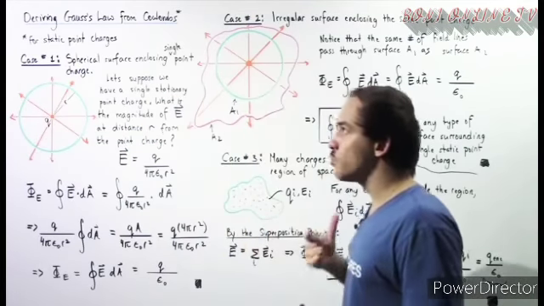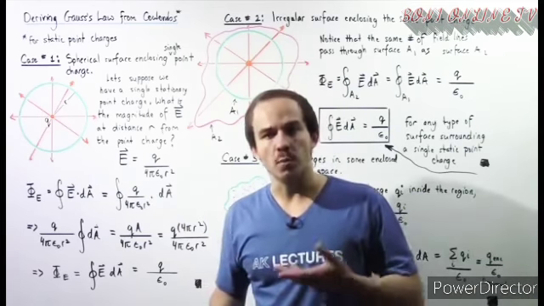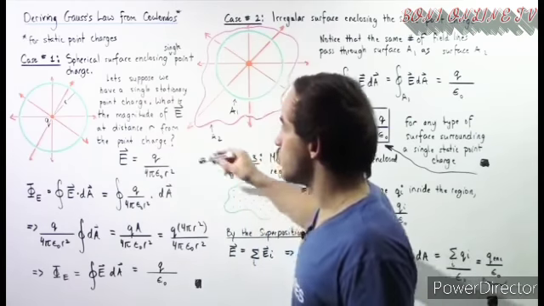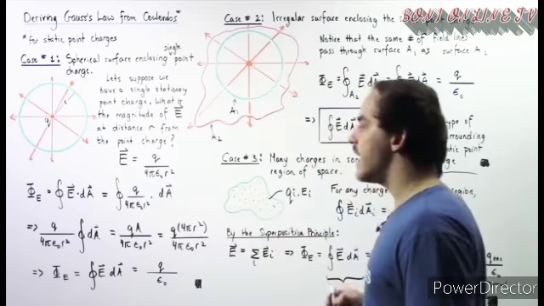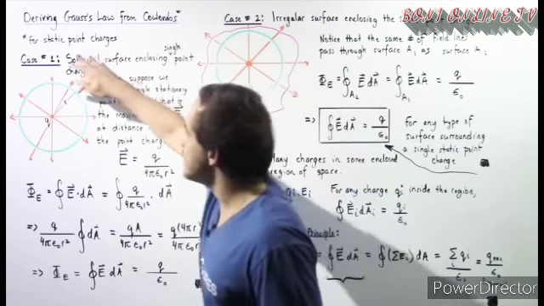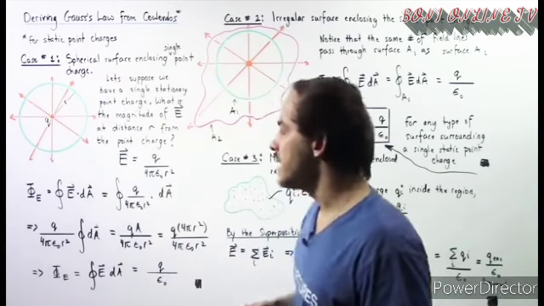Now, because we're dealing with a stationary point charge, we can use Coulomb's law, which states that the electric field is equal to the charge Q divided by 4 pi epsilon naught multiplied by r squared, where r is this distance. It's essentially the radius of our sphere.